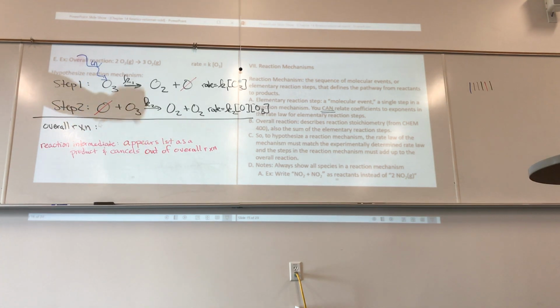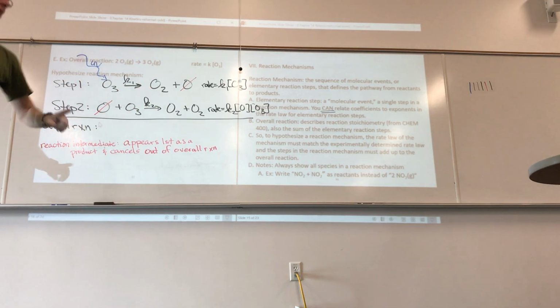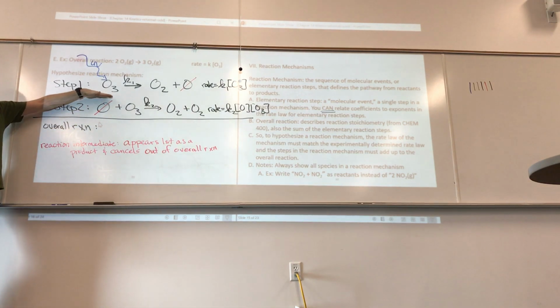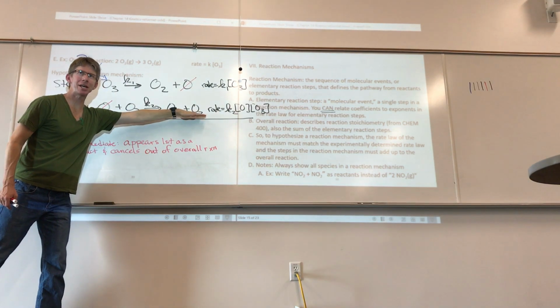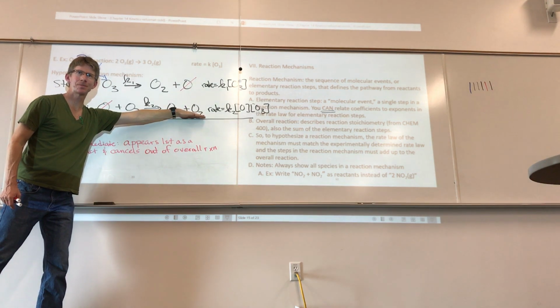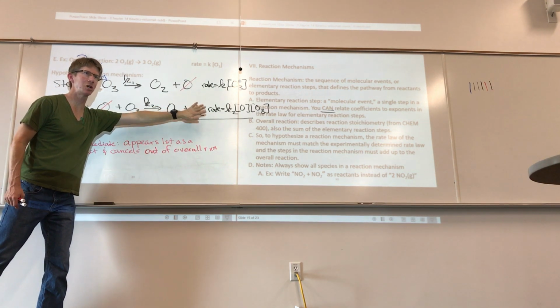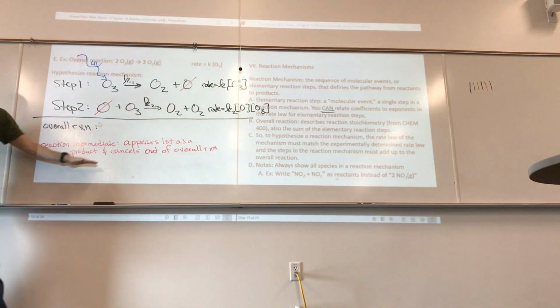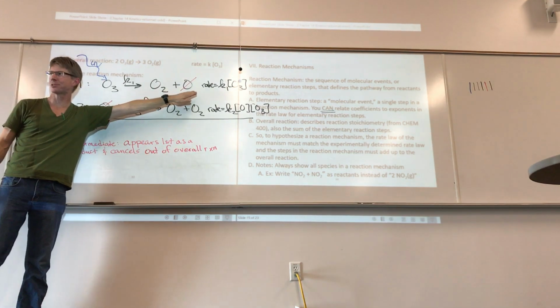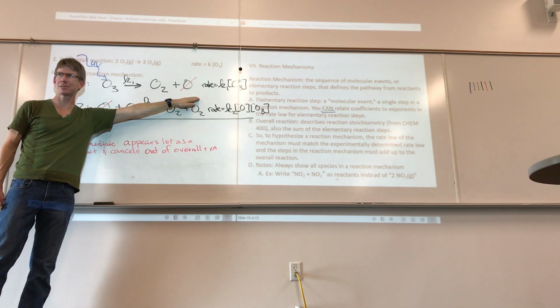It only appears in the intermediate parts of the reaction mechanism. I'm being very careful to explain this because we will have something that does appear here and here and does cancel out. Those will be catalysts. No need to write about that yet, but that's why I'm being very careful to tell you where this appears first as a product.